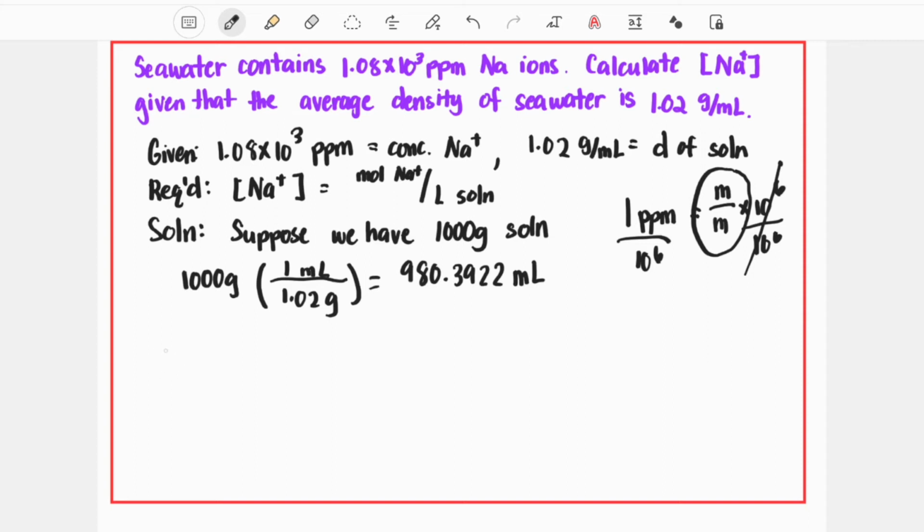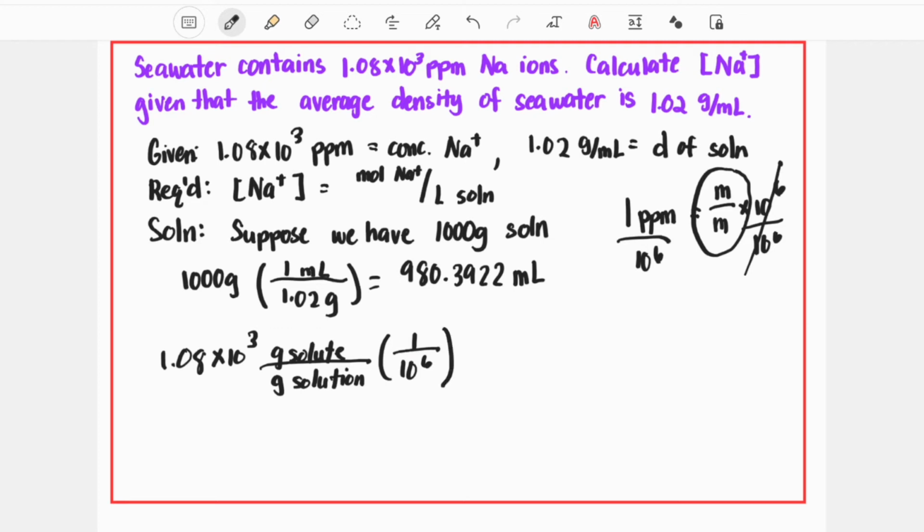I have 1.08 times 10 to the 3 grams of solute per grams of solution, and this is divided by 10 to the 6.